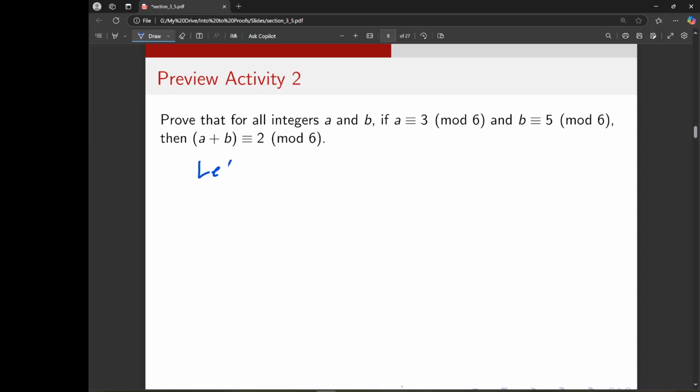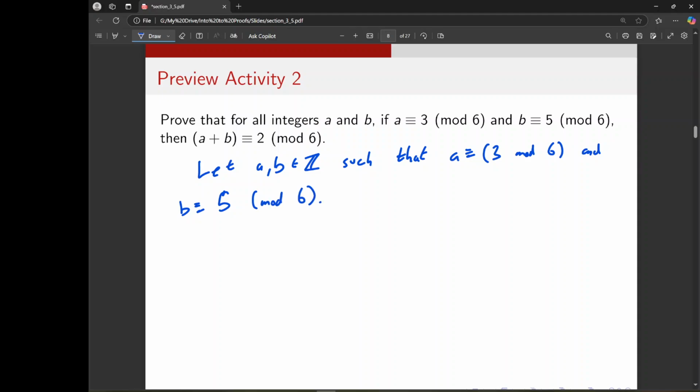So let a and b be elements of the integers such that a is congruent to 3 mod 6 and b is congruent to 5 mod 6.